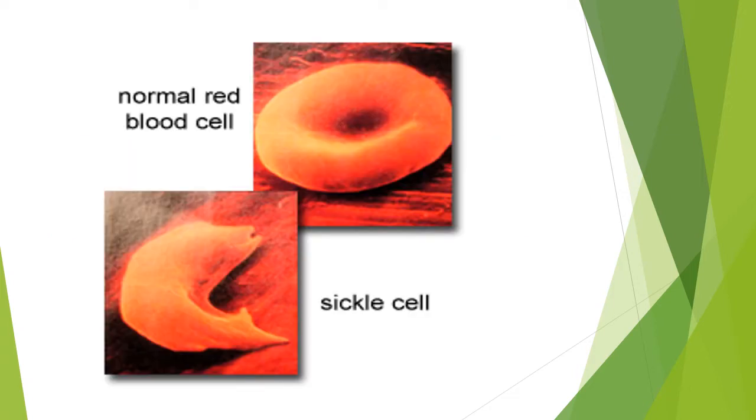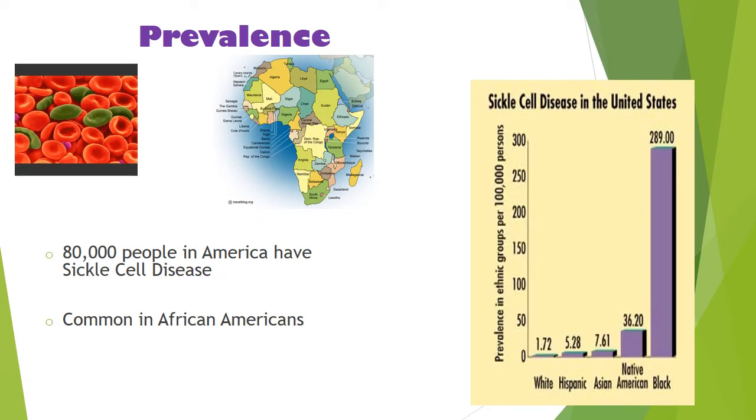This figure shows the normal red blood cells and down below shows the sickle cell. Now coming to the prevalence, it is estimated that up to 80,000 people in America have sickle cell disease, and out of them, 1 out of 500 African Americans have sickle cell disease.